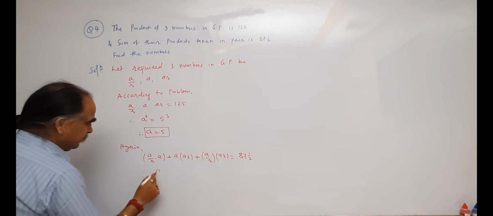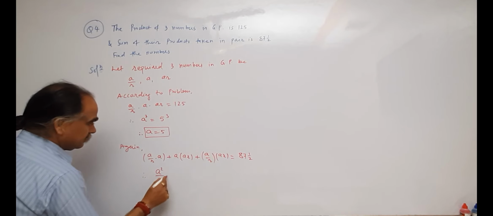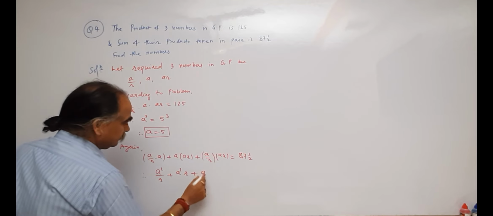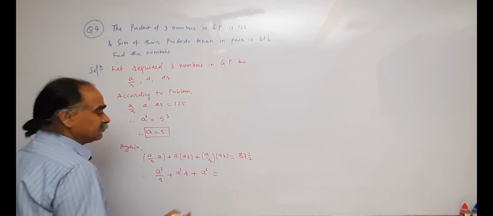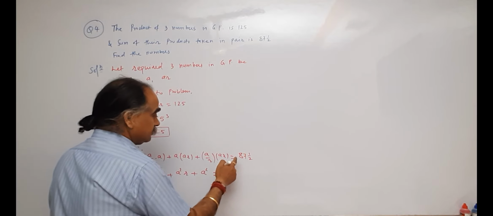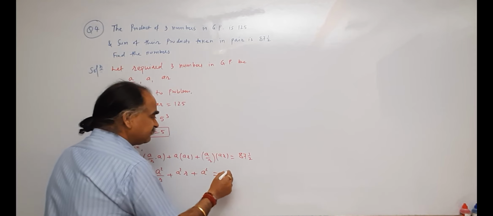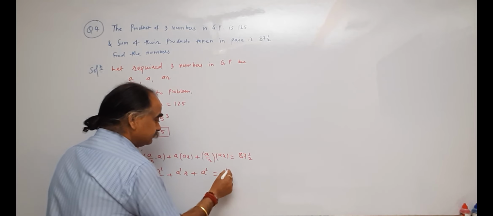So this gives a square by r plus a square r plus a square is equal to 175 by 2.